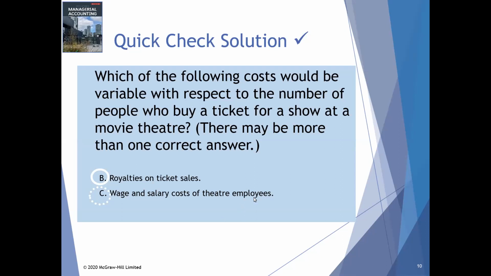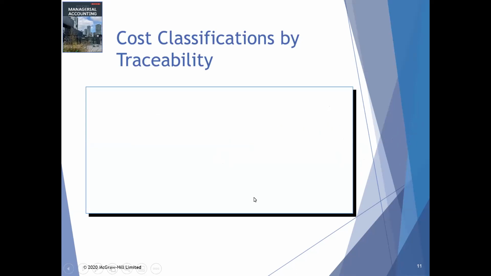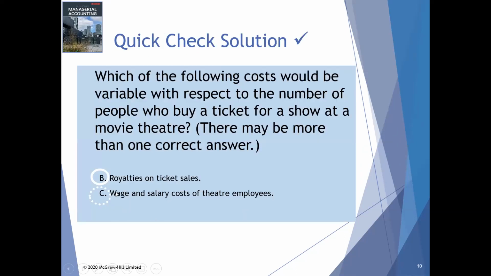So wages and salary, if we talk about it, that may be variable, because it depends. If it is the wage and salary cost of theater employees, it depends upon whether they are working per hour. Accordingly, that variable cost will be there. Specifically, royalties on tickets is the more appropriate and right answer.